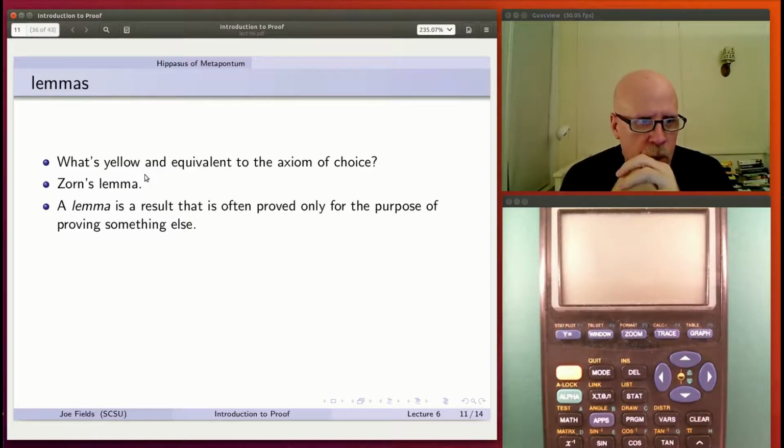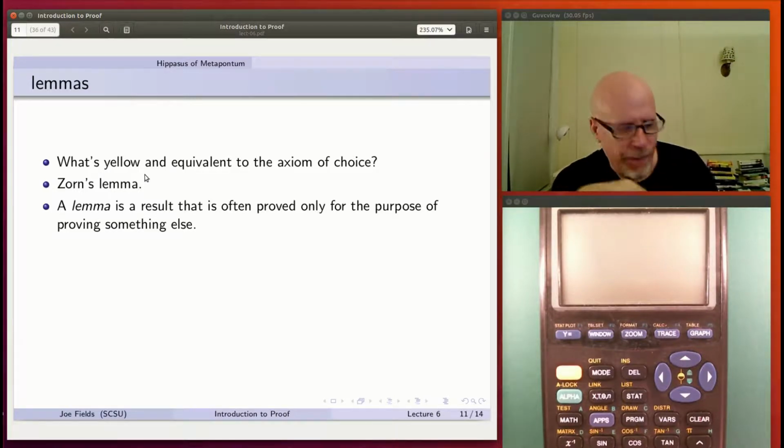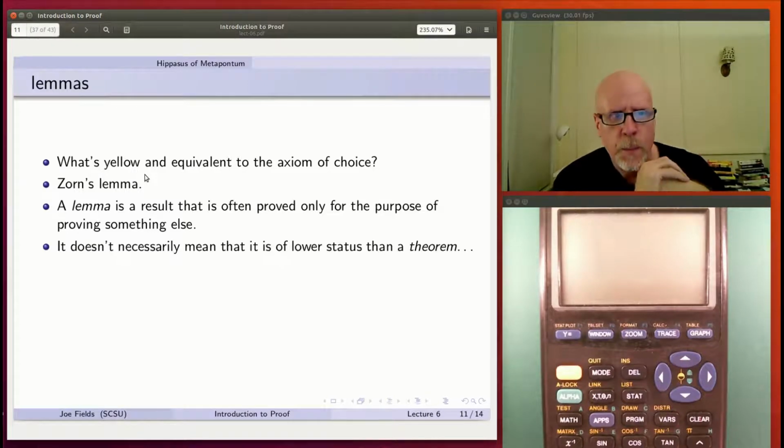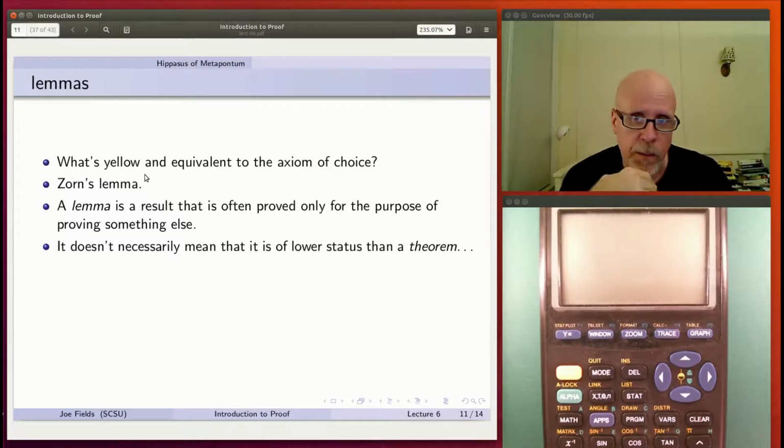So yeah, a lemma. A lemma is a result that is often proved only for the purpose of proving some other thing. That doesn't imply that it's of lower stature. A lemma, like Zorn's lemma, is actually probably more important than the thing he invented it in order to prove.